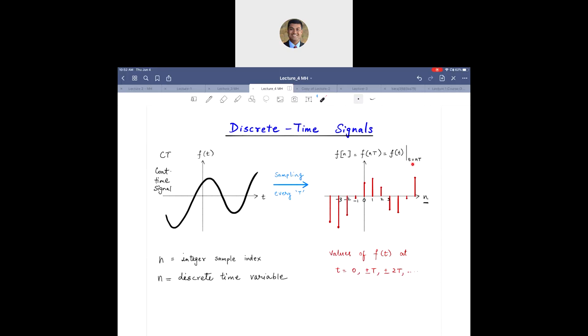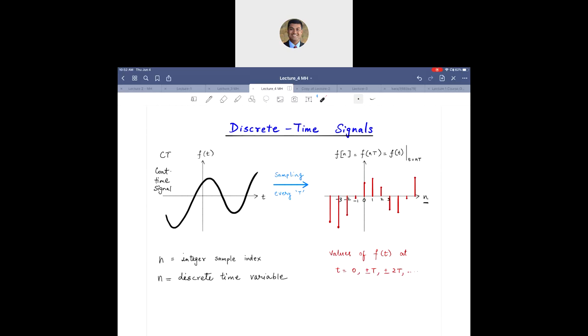And the way we are getting this, if you look at this, if I move this over, that exactly matches up. So I have essentially sampled the signal to get a set of samples, a sequence of numbers. That's my discrete time signal f of n.